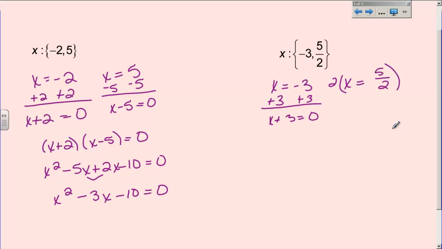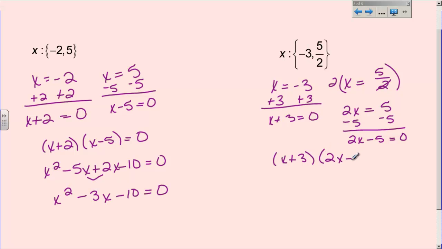So we're going to multiply everything by 2. That cancels out this 2, so I end up with 2x equals 5. And then I have to subtract 5 from both sides so that I can get this equal to 0. So then I have 2x minus 5 equals 0. So my two factors are x plus 3 and 2x minus 5.